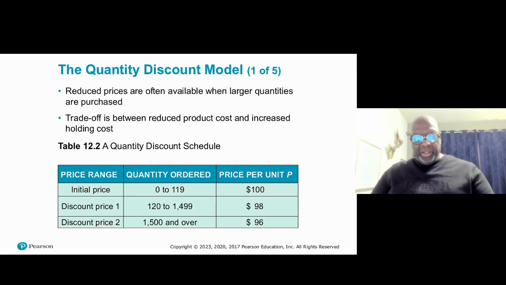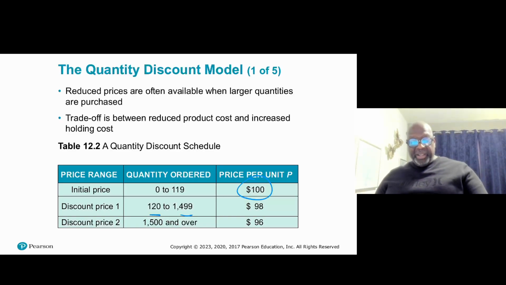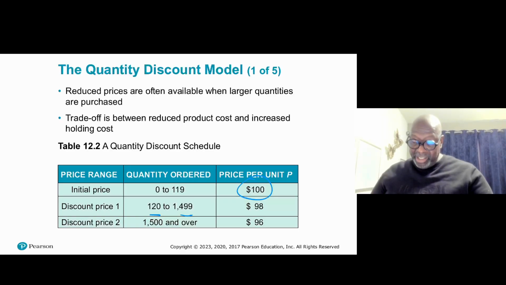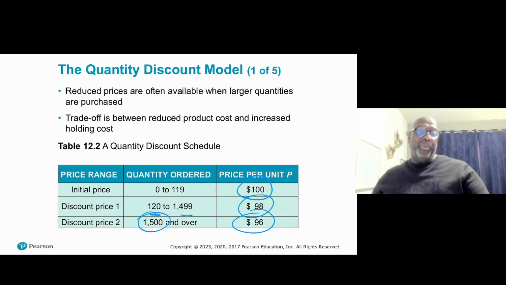What will happen is that these wholesalers will offer you ranges. So this is an example: if you buy under 120 units, the price will be $100 per unit. But if you buy between 120 and 1,500, that's a big range, we give you $2 off. And if you buy more than 1,500 units, we will give you $4 off.